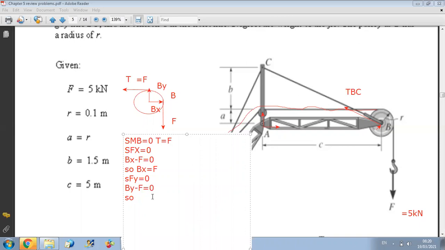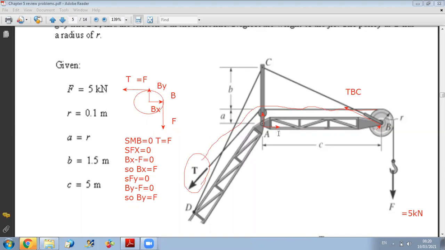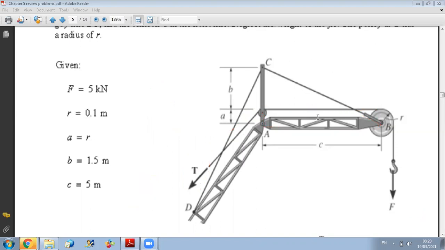Now the next step. Once I calculated Bx and By, since I am interested in finding TBC, Ax and Ay, I can now take my system as jib AB plus this small part. If I take AB as my system, what are the external forces acting on AB?